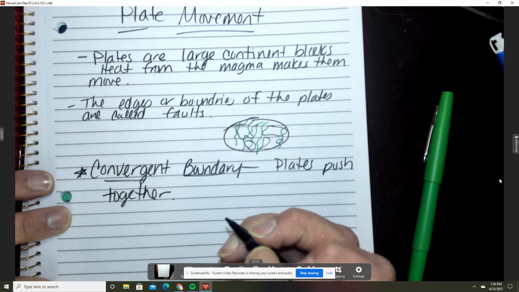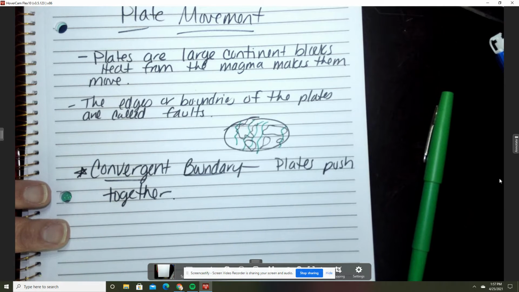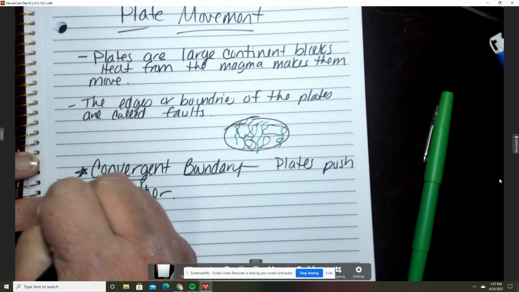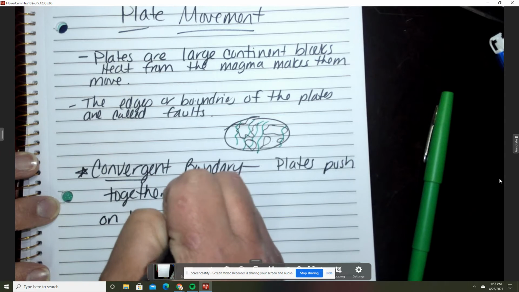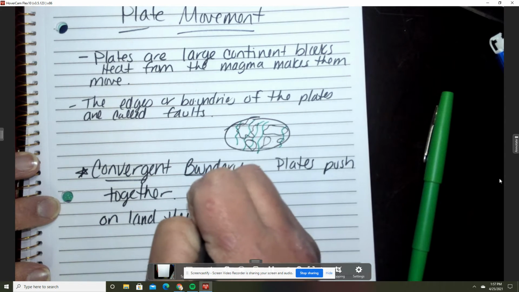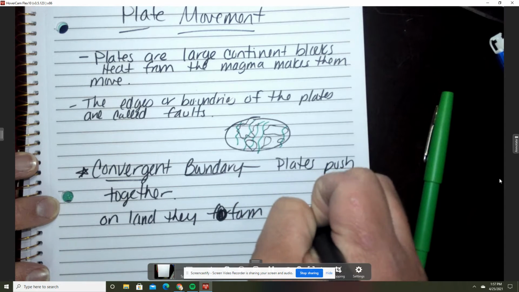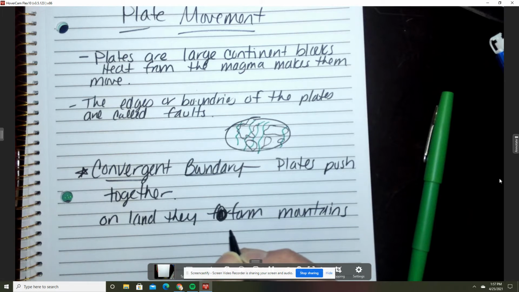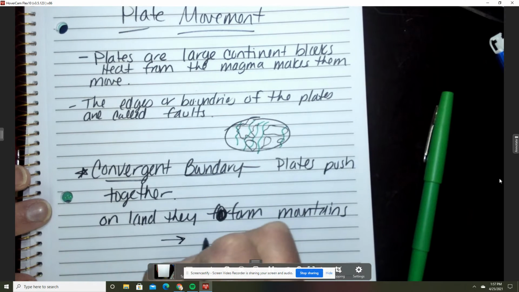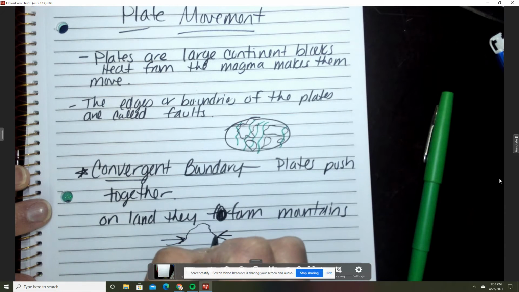They form mountains, and they can be underwater or on land. But on land, they form mountains. All right. So they push together and the mountain gets created.